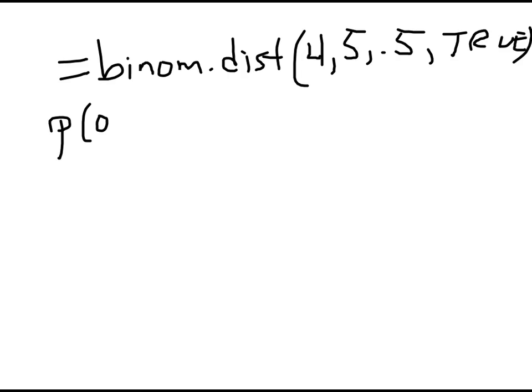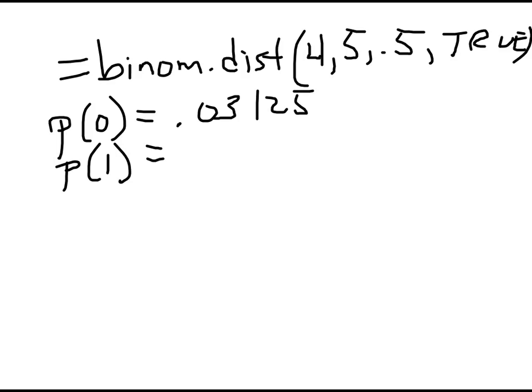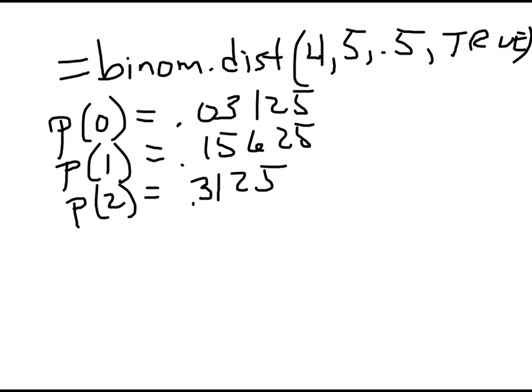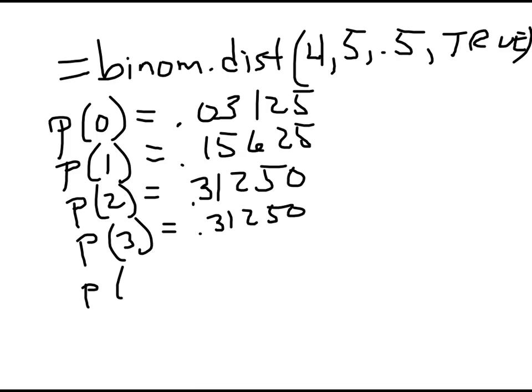What we'll get is the sum of the probability of 0, which is 0.03125, plus the probability of 1, which equals 0.15625, plus the probability of 2, which equals 0.3125, plus the probability of 3, which is 0.3125, plus the probability of 4, which is 0.15625.